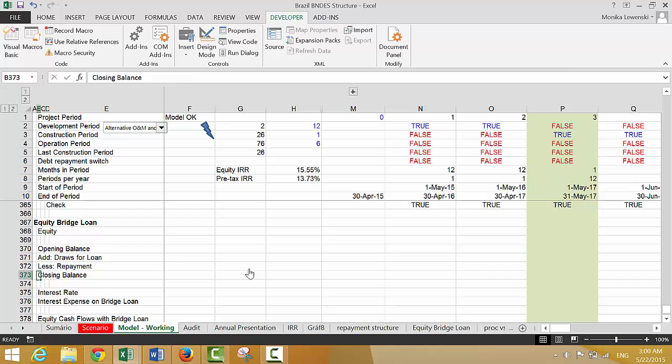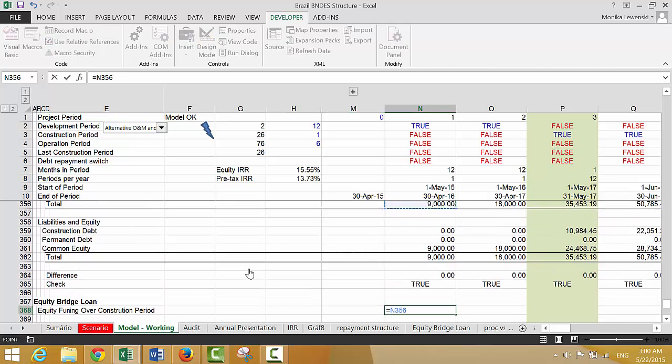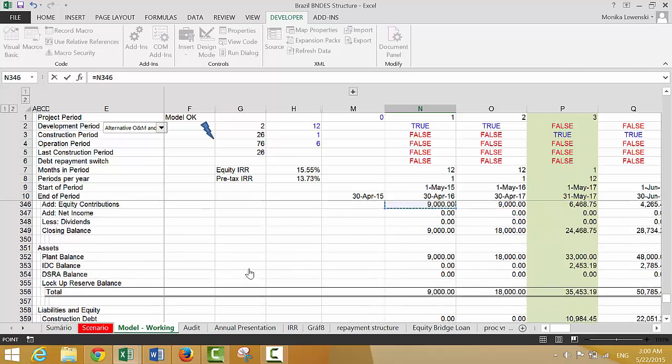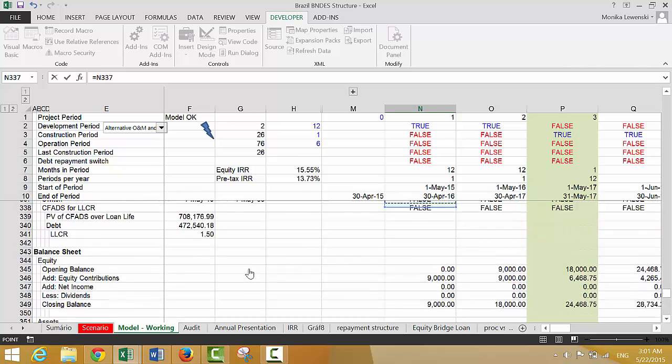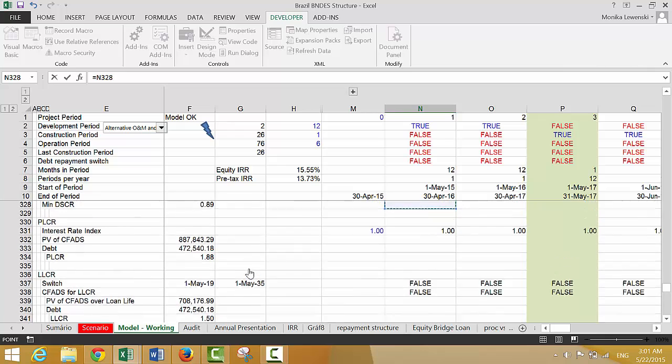Why don't we put equity funding over a construction period? Okay, so we start by doing this. We just simply go to the equity funding, which we put right here.